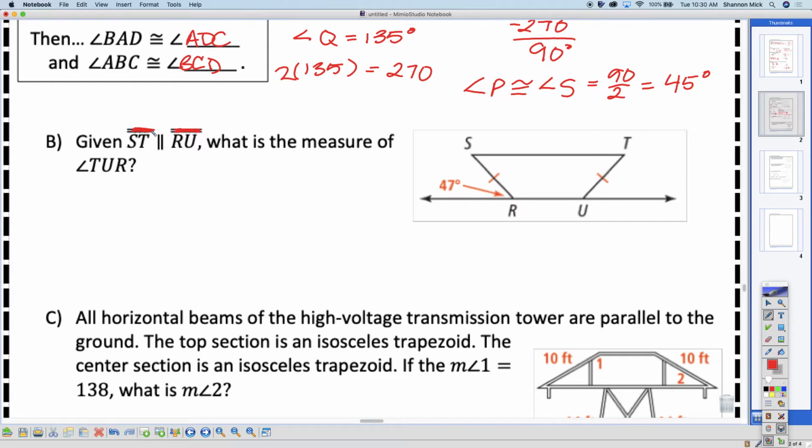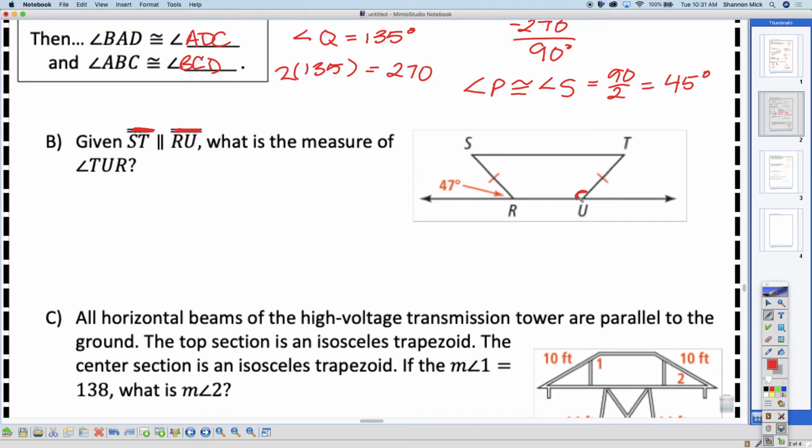You put 47 over on the other side, but since it's a straight line, it equals 180, so you take 180 minus 47 to get the two angles on the inside. 133. Okay, but what do I know about U and R?